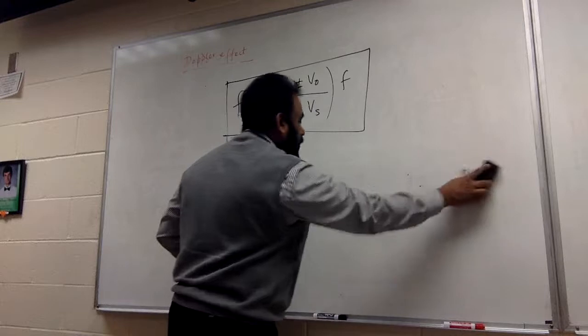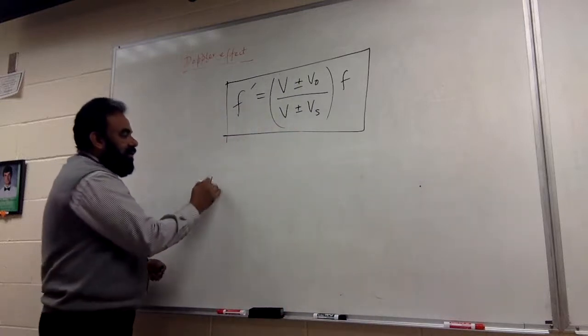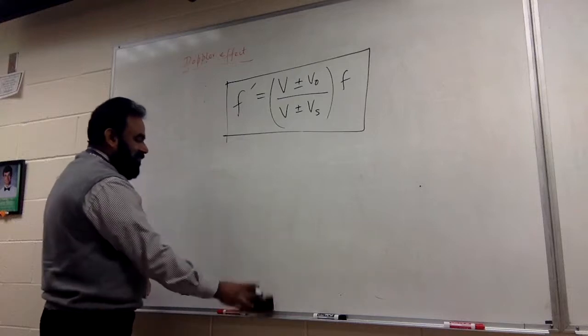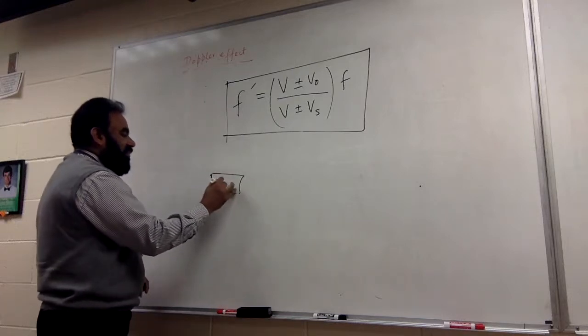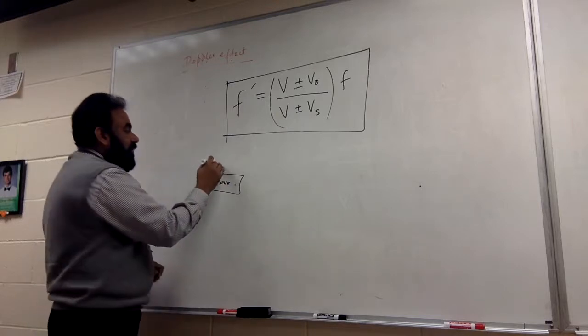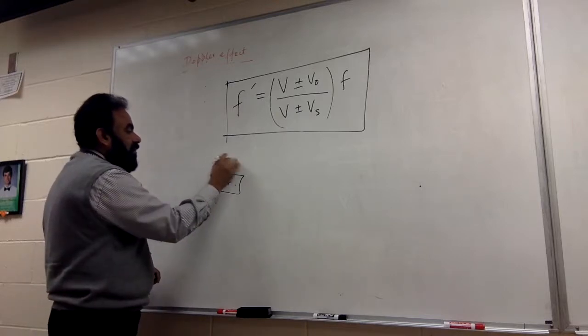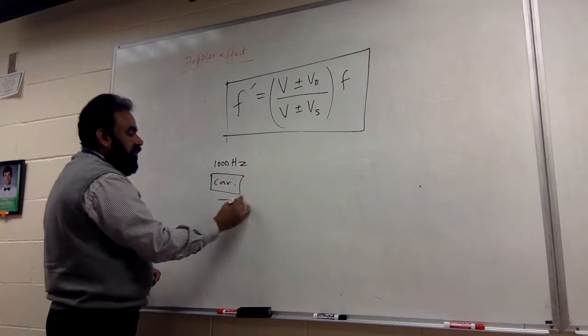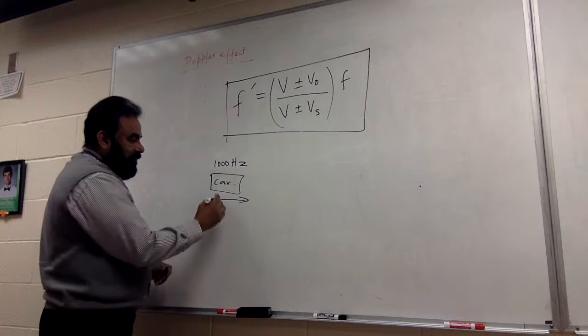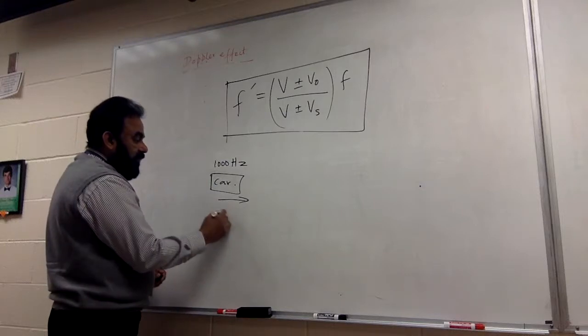So let me give you some number work now. Let's say a car sounds its horn at 1000 hertz and is moving that way at a speed of 20 meters per second.